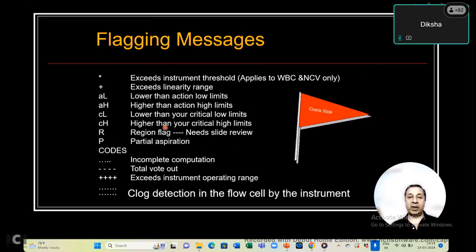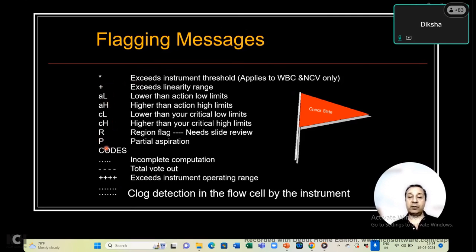For example, the asterisk message which comes in some of the analyzers means that it's exceeding the instrument's thresholds. Plus means it's exceeding the linearity range. AL means it's alert low. Similarly, AH means it's alert high. CL, critically low, or CH, critically high.